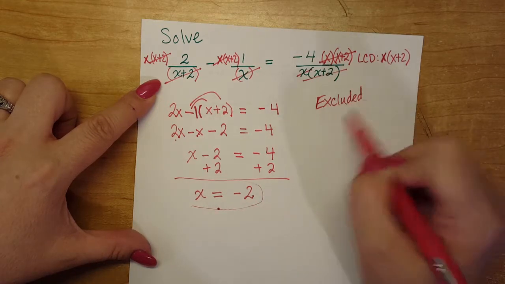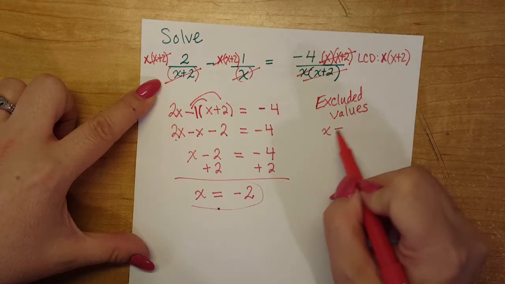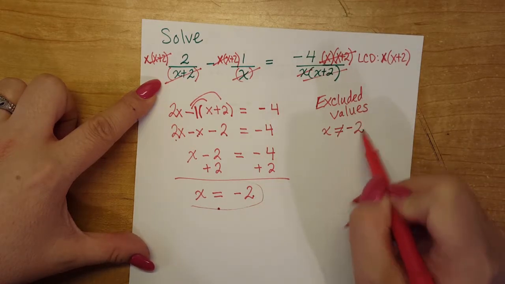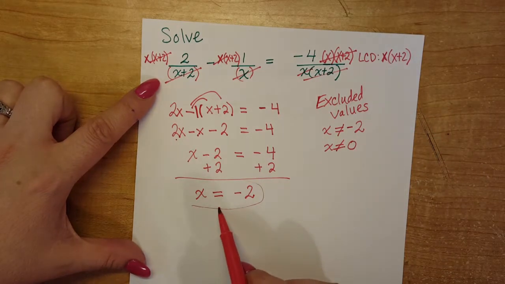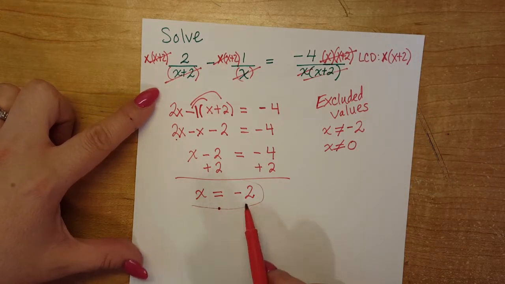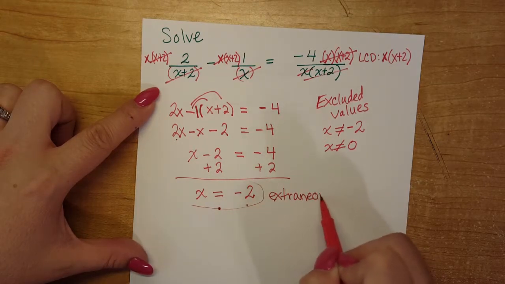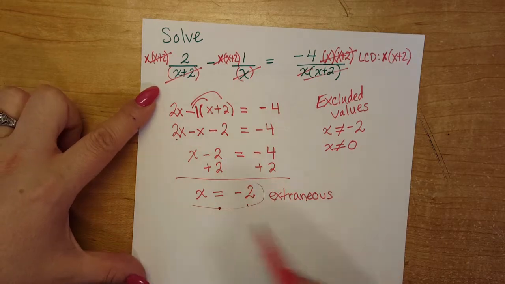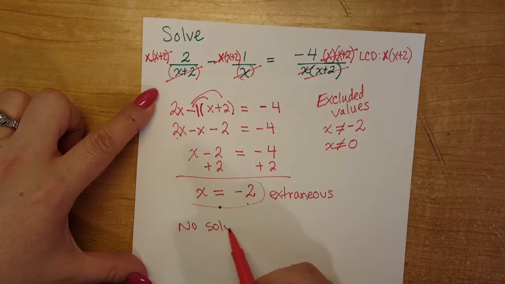Our excluded values for this equation: x cannot equal negative 2, and x cannot equal 0. Since we got an answer of negative 2, this is what we call an extraneous solution. So therefore, even though we worked it out, this problem has no solution.